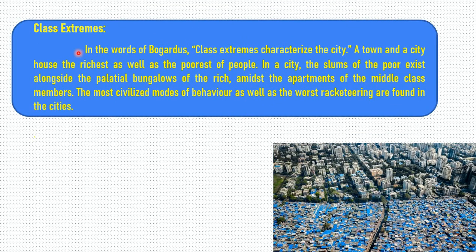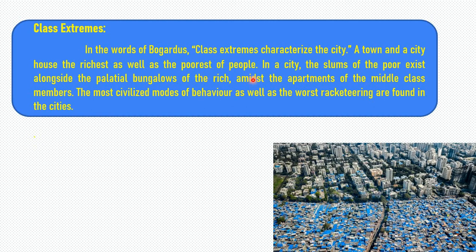When it comes to the class extremes, we do not find discrimination based upon caste. Here, instead of caste, the class plays a vital role. We have both the richest and poorest people in an urban setting.